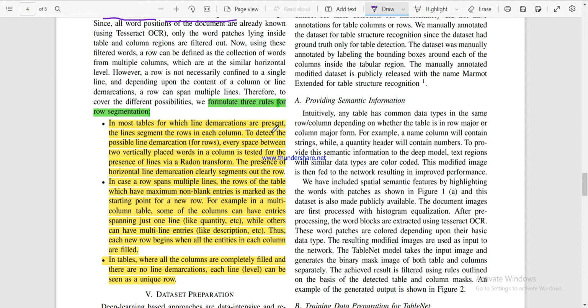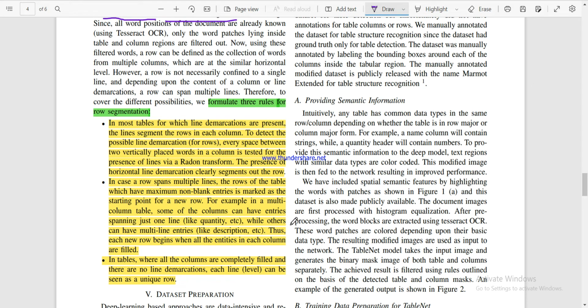Another rule is, in case a row spans multiple lines, the row of the table which has the maximum non-blank entries is marked as the starting point for new rows. For example, in a multiple column table, some of the columns can have entries spanning just one line, like quantity, while others can have multi-line entries.